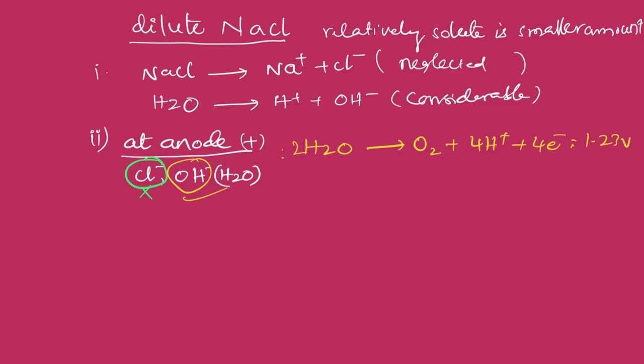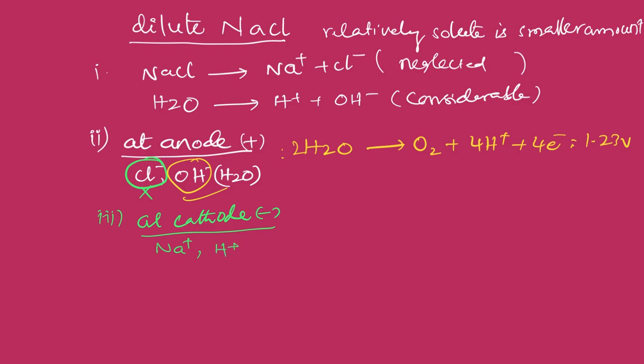Next, the third step is at the cathode. At the cathode, what is the charge? Negative charge. What ions will come here? Positively charged Na plus and H plus.